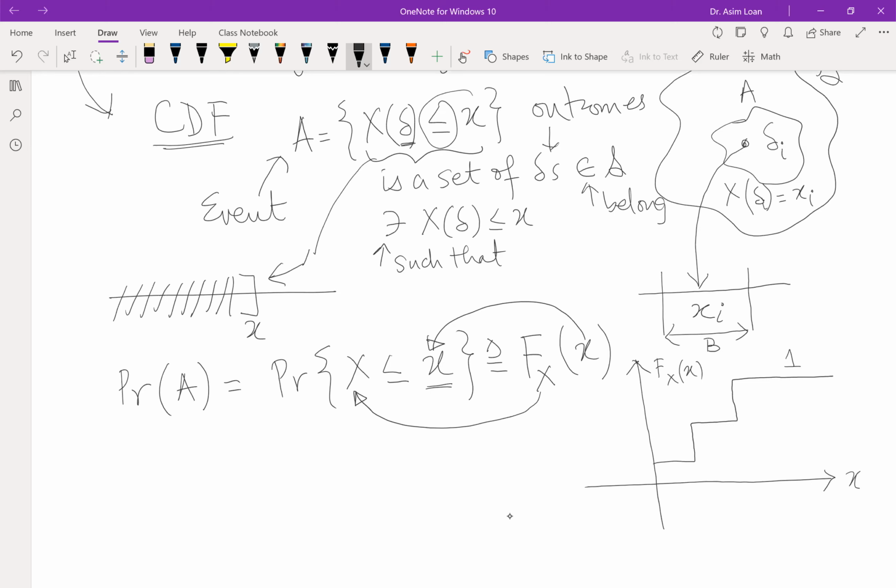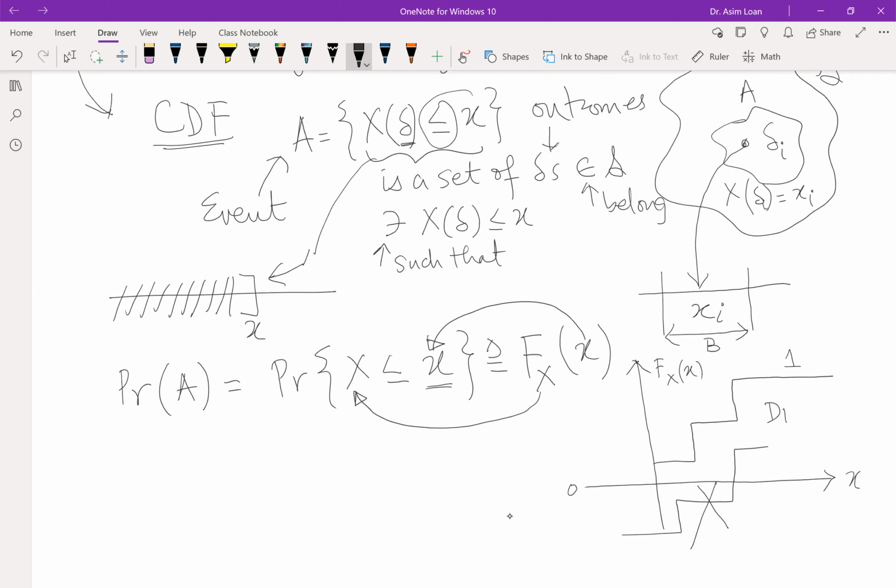If this is 0, you can't have a function that starts from here. This is incorrect. And you can't have a function that is going up and then going down, because this is a cumulative distribution function and everything is positive. When you add positive things, it always goes up, it doesn't come down.